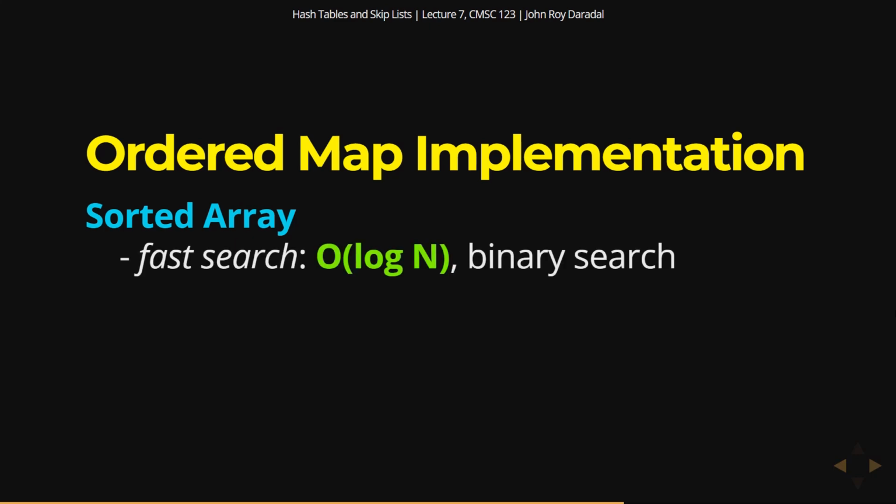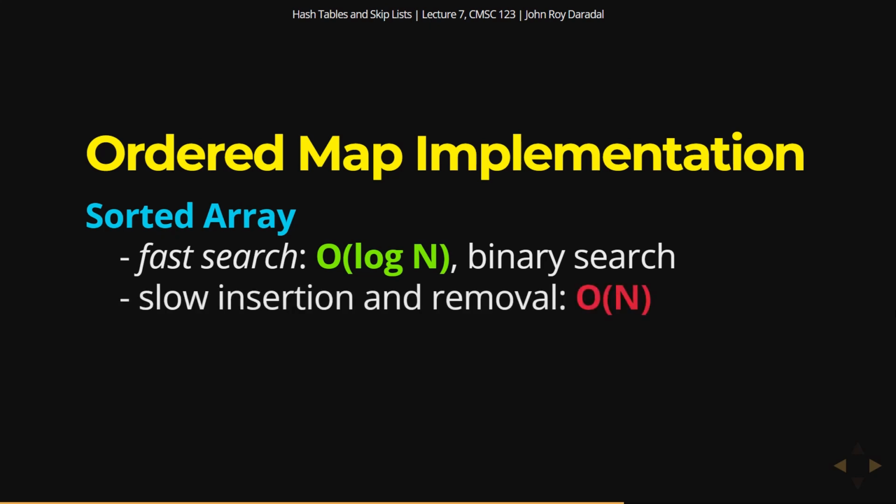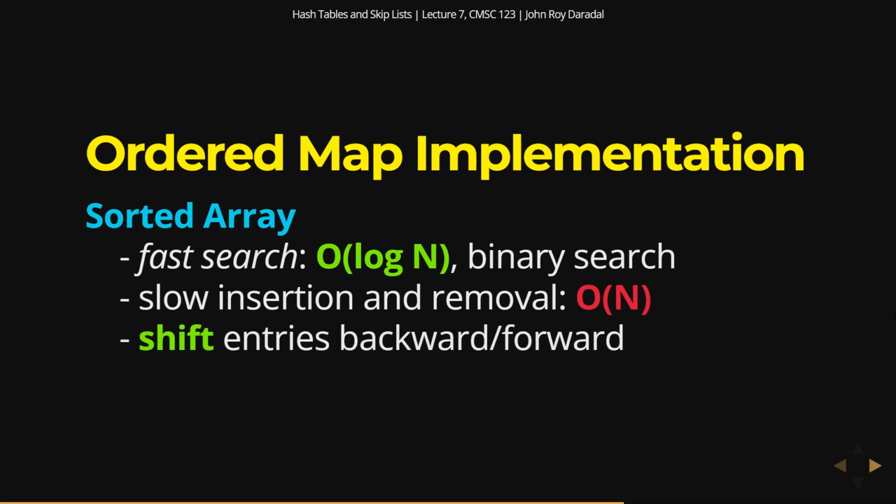For the sorted array, it will have a fast search method, O of log n, because of binary search. You can do this because the array is sorted, and you can access the indices right away. However, there will be slow insertion and removal, which takes O of n because of the shifting of entries backwards and forwards.